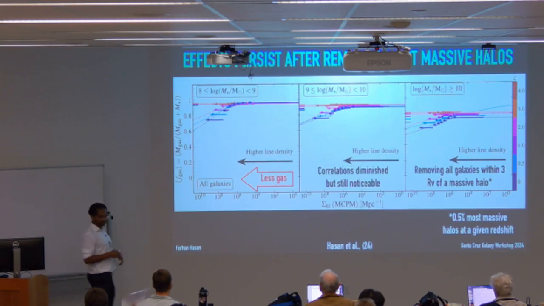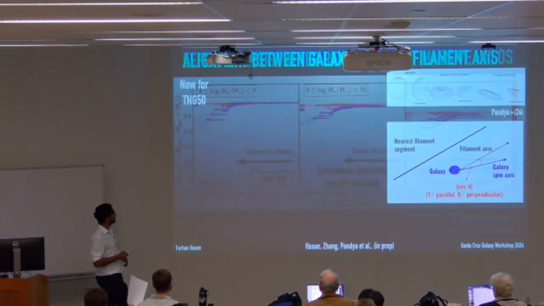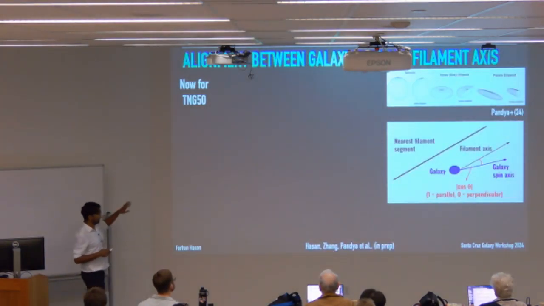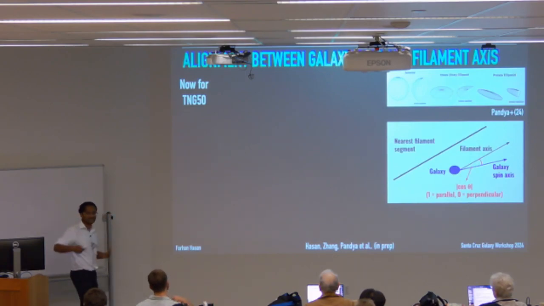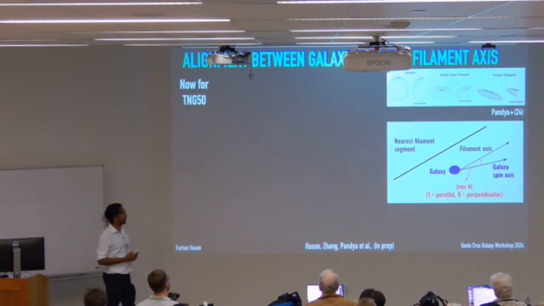Okay, and then finally, in the final couple minutes, I'll show you some very recent work I've been doing in TNG50 now, right? So I have filaments in TNG50 as well, so it's high resolution, kind of lower volume. So we're digging more into angular momentum related statistics, shapes, stuff like that.